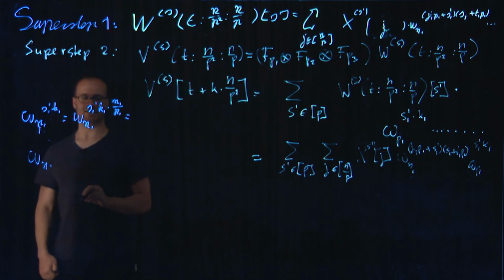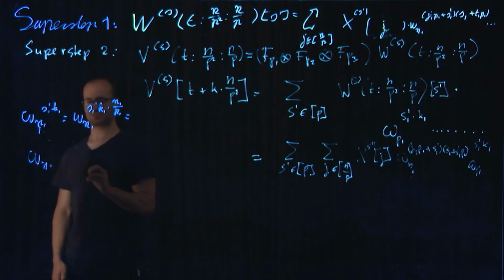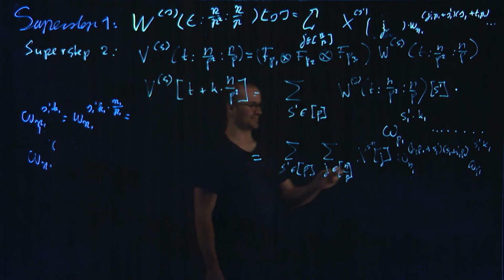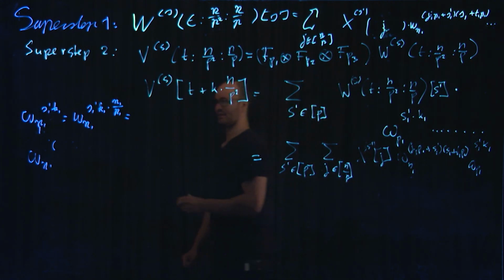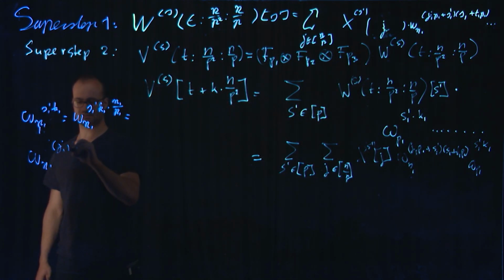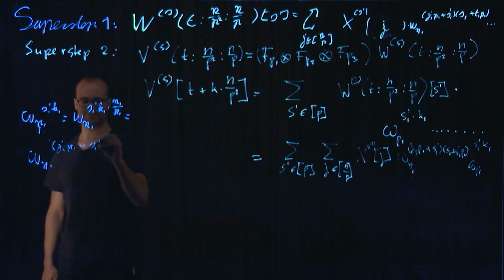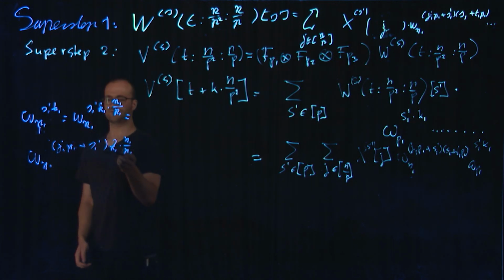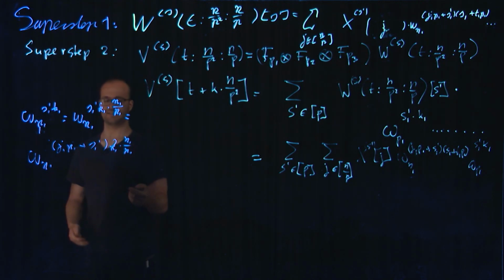So we can add something in the exponent as long as it's a multiple of n. So what we're going to do is, because we want to get an expression like this over here, we're going to say j1 p1 plus s1 prime times k1 times n1 over p1. And now we have introduced an extra term, which is j1 p1 k1 n1 over p1, and that is a multiple of n. So this is fine because the nth root of unity to the power of n is equal to 1.